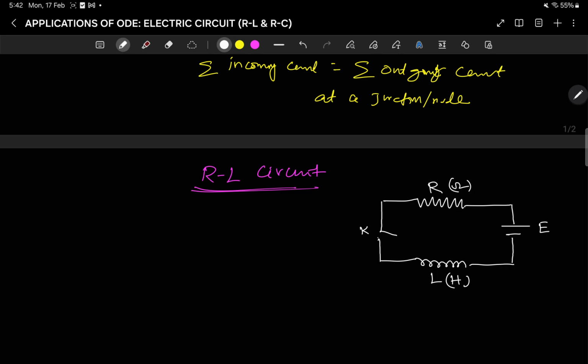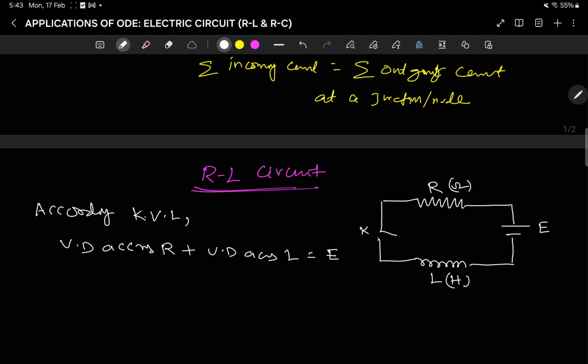Now according to Kirchhoff's voltage law, voltage drop across R plus voltage drop across L is equal to E, right?